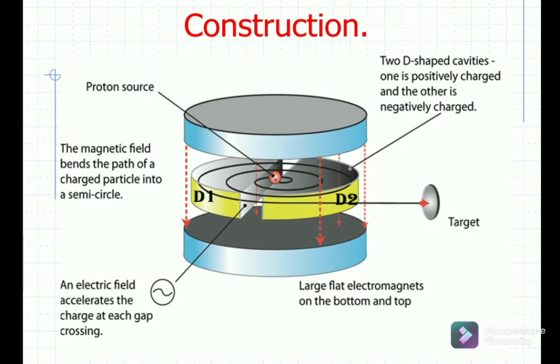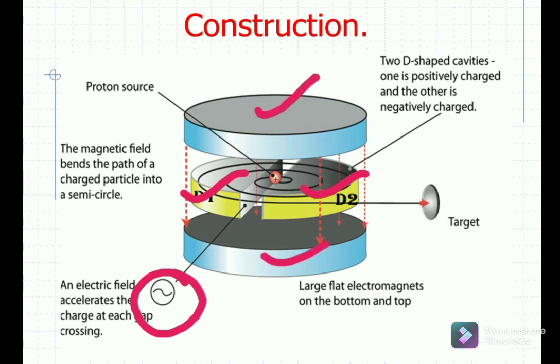Construction. A cyclotron consists of two hollow D-shaped metallic chambers that we call as Ds, D1 and D2. These Ds are provided with a source of high frequency oscillator. The Ds are mounted between pole pieces of strong electromagnets that will provide it with a perpendicular magnetic field.